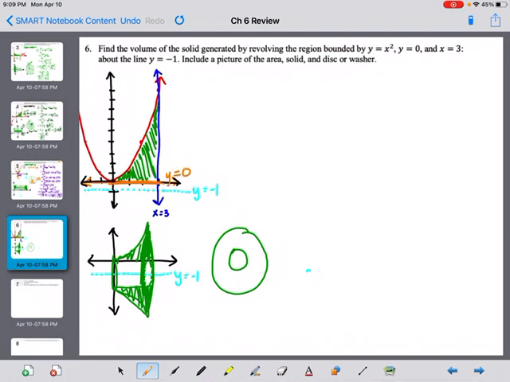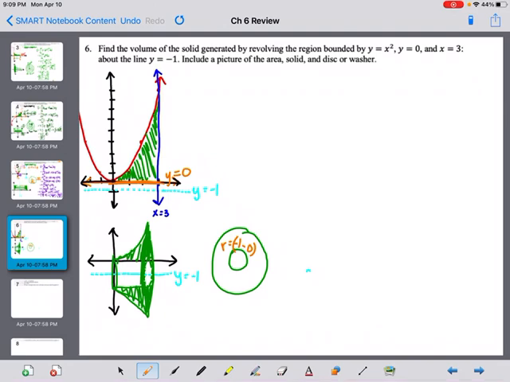And so, again, when we're rotating around an axis that is not the x-axis or the y-axis, in this case it's -1, then our inner radius is going to be -1 minus 0, because y equals 0 is the equation of the line that creates that inner radius.